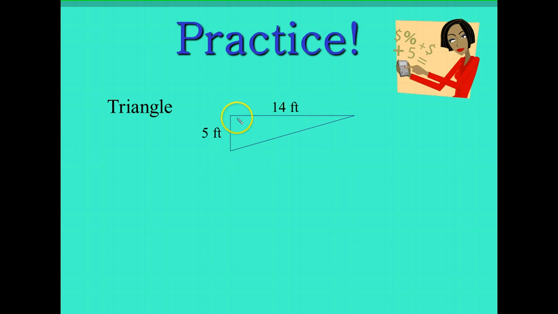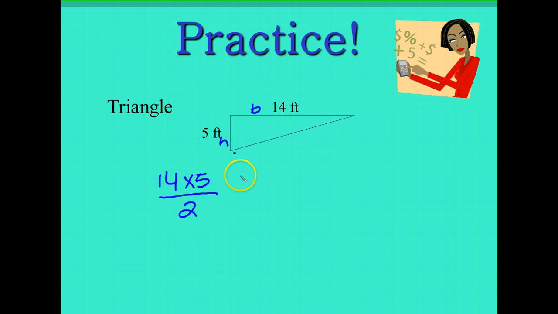Here you can clearly see that this is the base and this is the height. Now, if it was a full rectangle, we would just do base times height. So that will be 14 times 5. But because we only have half of the rectangle, we go ahead and divide this by 2.